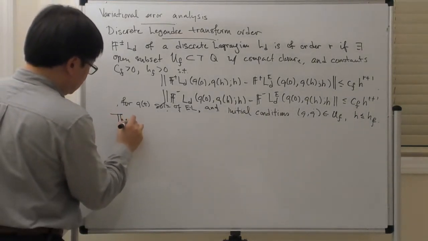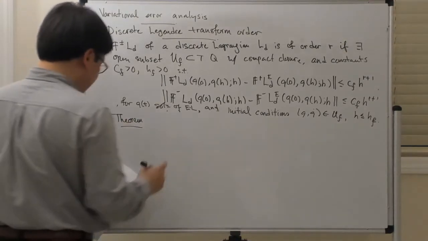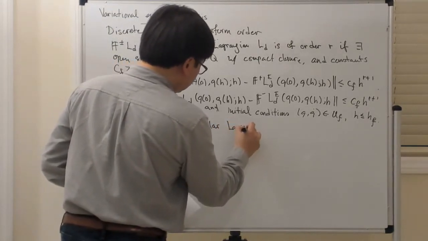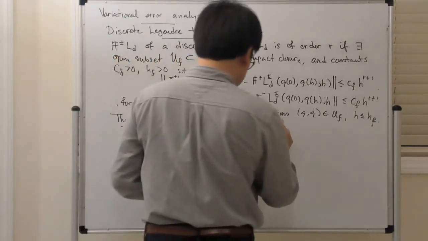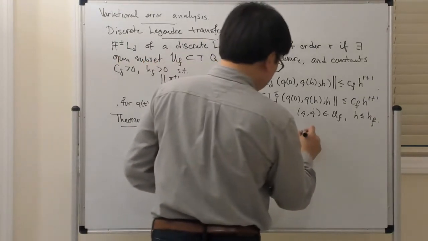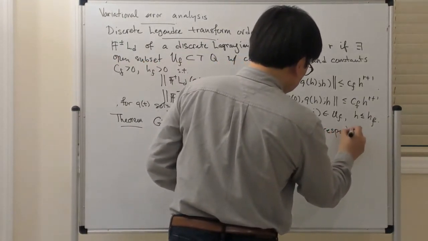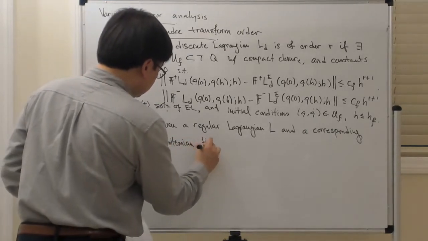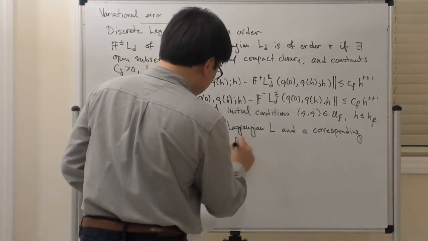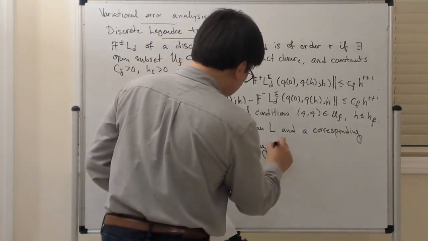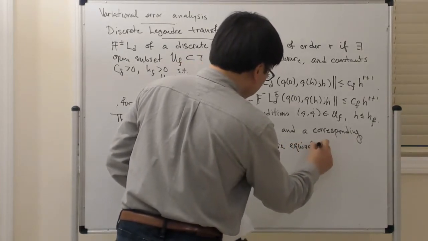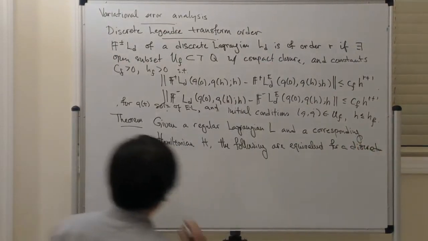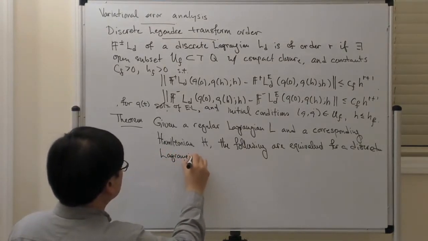The theorem basically is that given a regular Lagrangian L and a corresponding Hamiltonian H, the following are equivalent for a discrete Lagrangian LD.